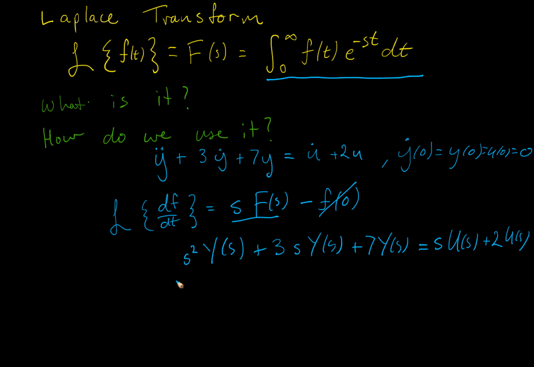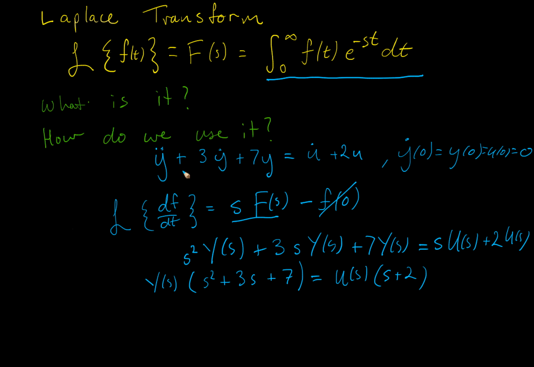And then we can group our y and our u terms together, so we can write y of s times s squared plus 3s plus 7 equals u of s times s plus 2.